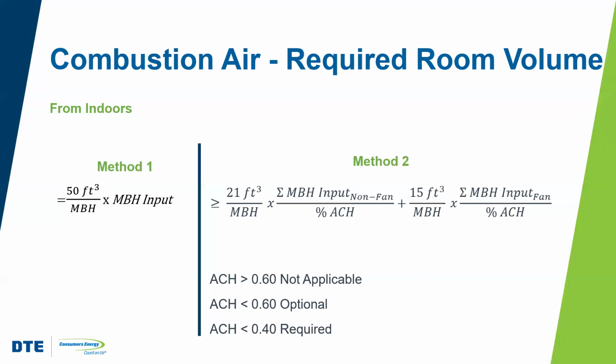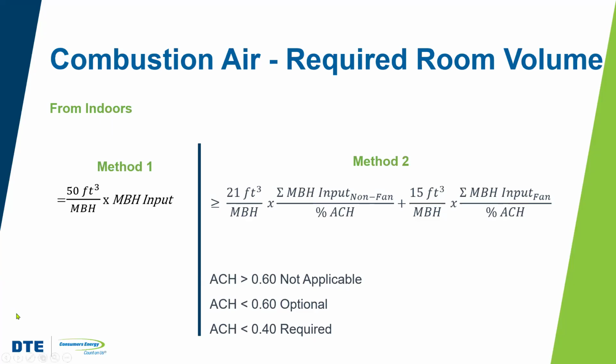All right, so looking at the other equipment that you've got in the system, all of this fuel burning equipment requires combustion air. And so for your mechanical room, if you will, and typically in the house it's just the basement, or we might call it a furnace room. But for your mechanical room, the size of that room has to be able to provide that combustion air that you need for good ventilation.